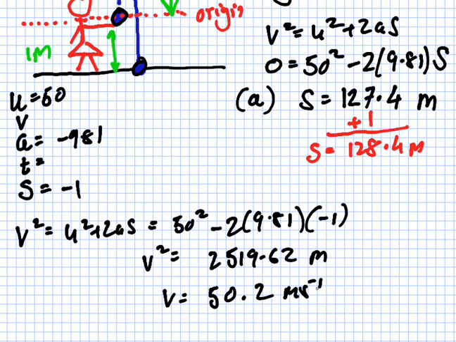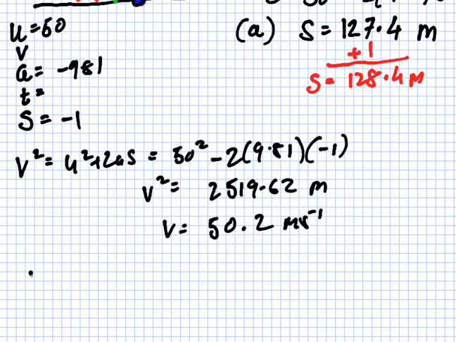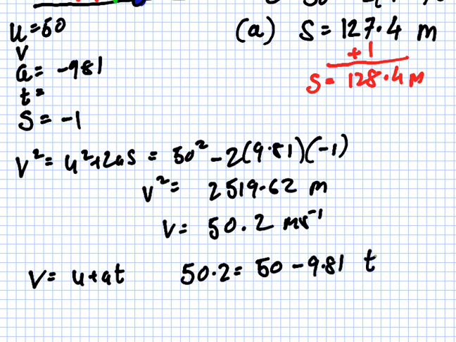And then lastly, I think we want the T. So I can use V equals U plus AT. 50.2 equals 50 plus AT. That seems really small for the time. Oh! I forgot one thing right here. Can anybody tell me what I forgot?